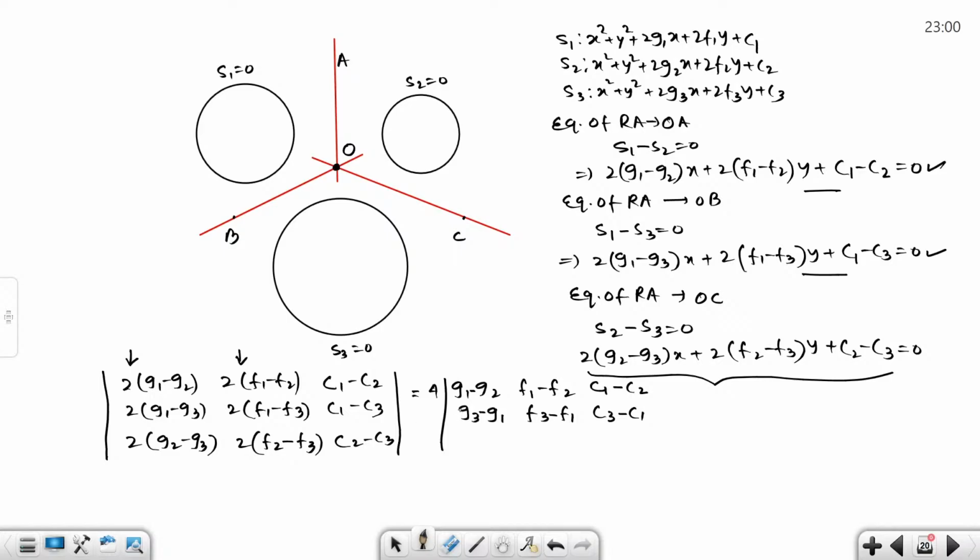Actually, we are having a minus sign outside. And the third row I am writing as, now let me take minus common.